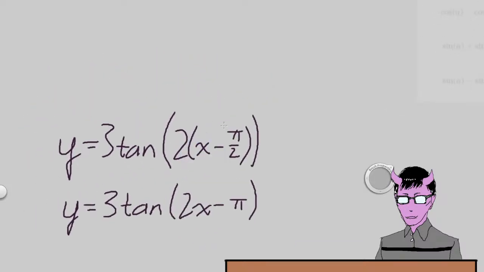So what are we considering for the vertical asymptotes yet again? Well, there's 2 ways to do this. You could just modify the standard period change. The standard period for the tangent function, if you memorize it, is going to be pi. So you can just manually set 2x is equal to pi. And solving for x is equal to pi over 2.